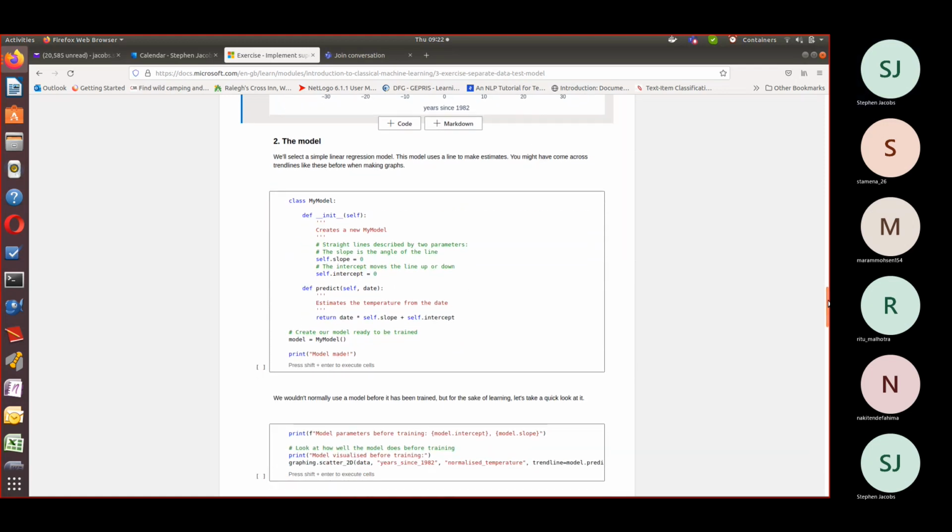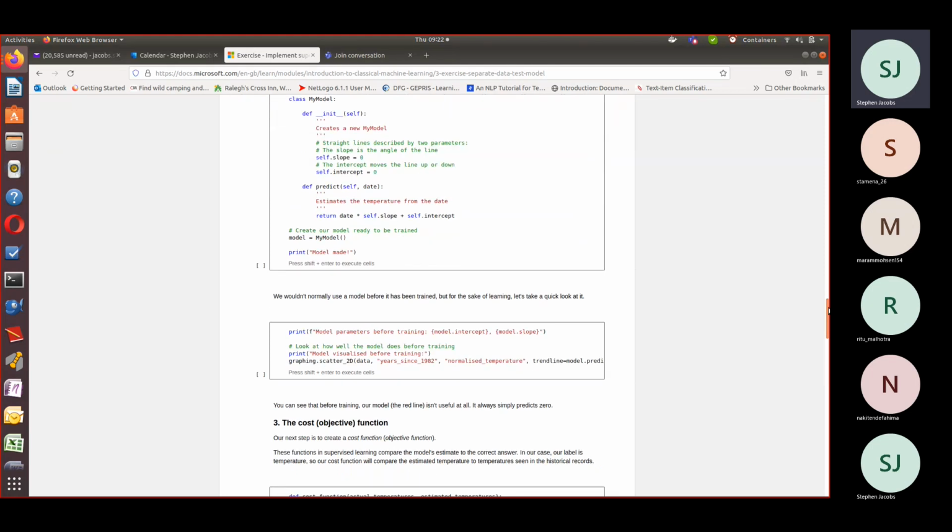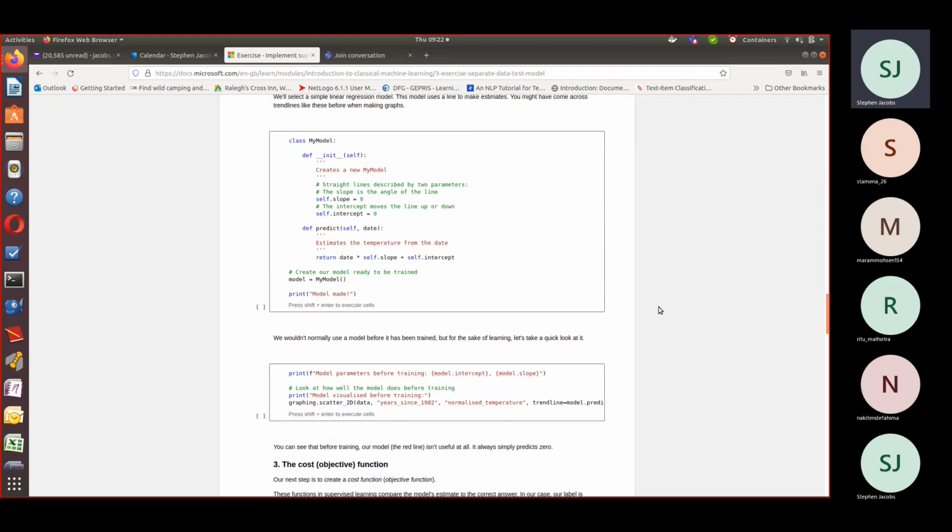Now we're going to select our regression model. This uses a line to make the estimates. We've seen trend lines like this before, where we're trying to find the two parameters. The two parameters are the slope, which we have to multiply the data by, and the intercept.